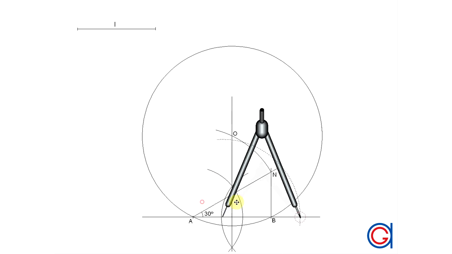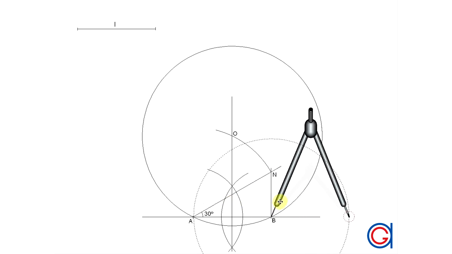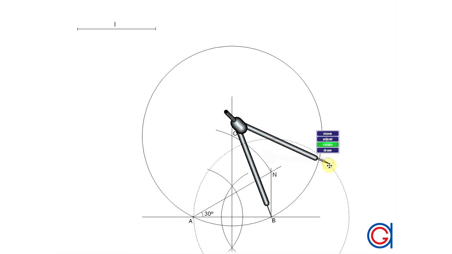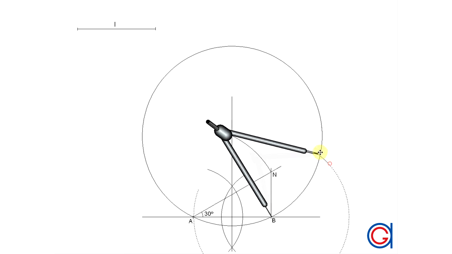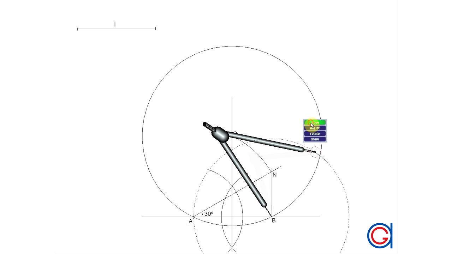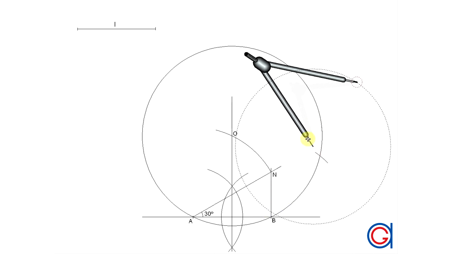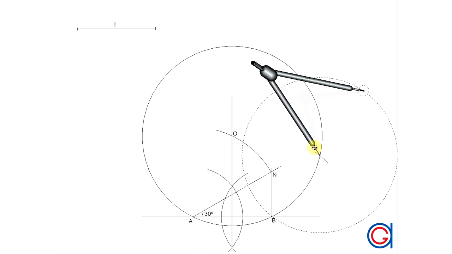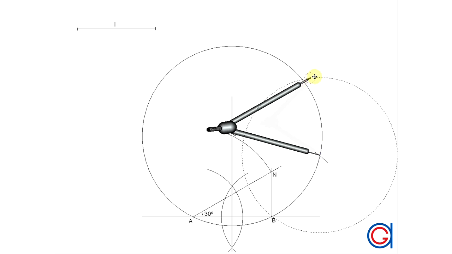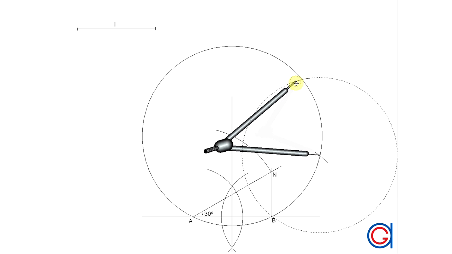Now the next step, setting our compass to the length AB, we are going to scribe 6 arcs around the circumference. So here, setting our compass on point B, we scribe our first arc. And now setting our compass on the previously drawn arc, we scribe our second arc.